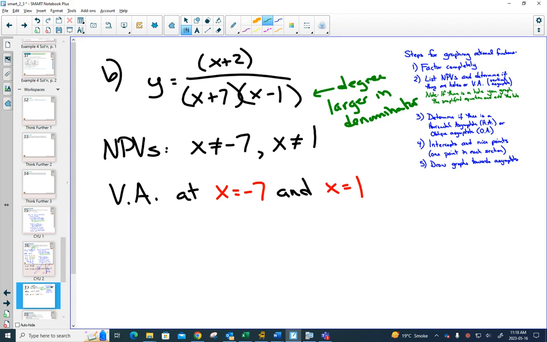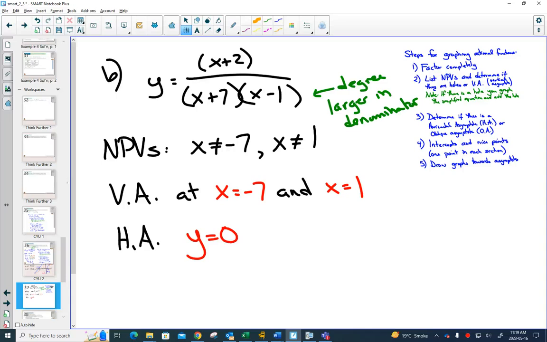And now we have the situation where the degree is larger in the denominator. So what kind of asymptote does that make? A horizontal asymptote. And this is the easiest horizontal asymptote. If it's bigger at the bottom, when you put in a large value of x, the bottom will get much bigger than the top, right?